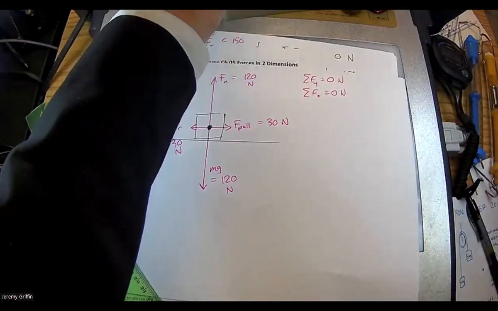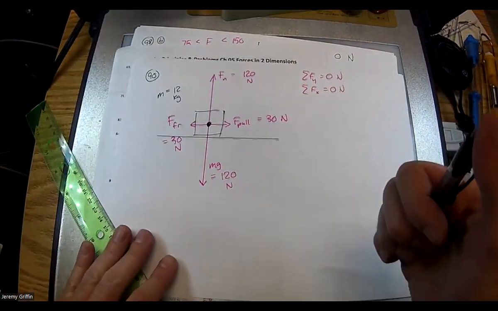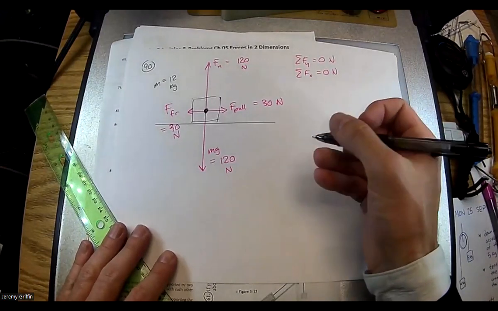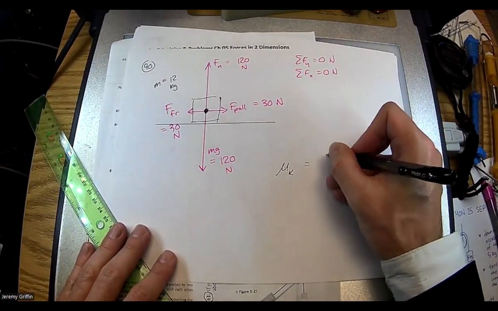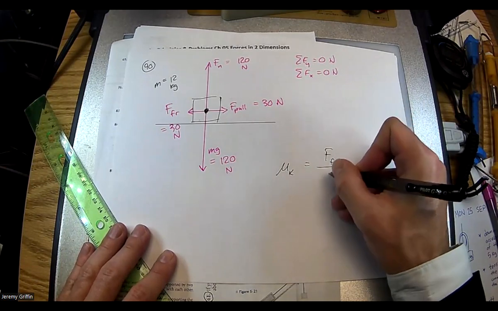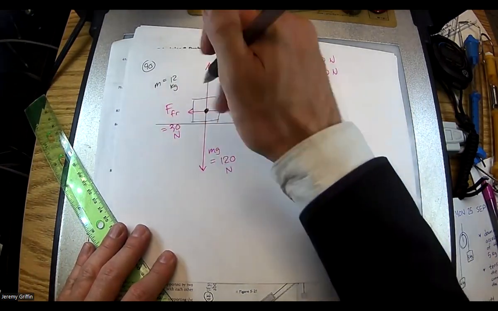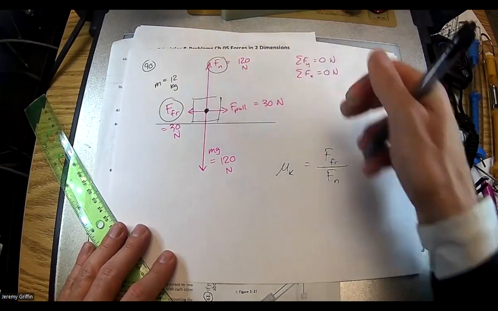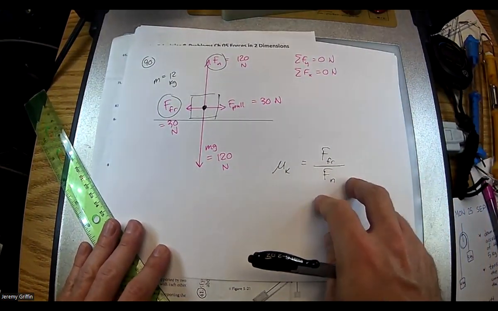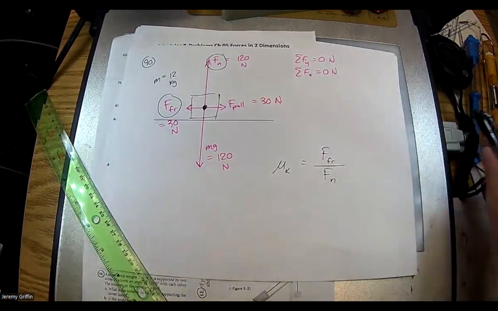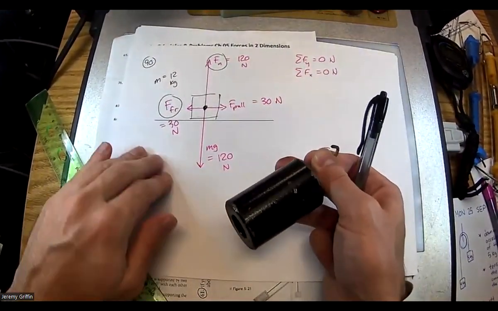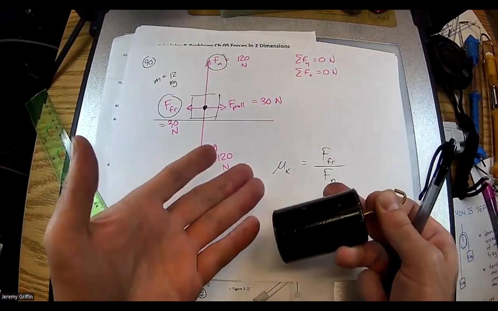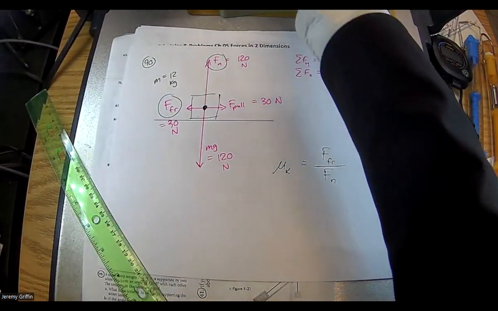Okay. So finally, the actual question: what is the coefficient of kinetic friction? You guys know that's just comparing these two forces. What is the friction force compared to the normal force, right? Which is also a material property. Once you know what materials you're working with, like suppose I got this black paint across this paper surface, that is some value that would apply to those materials.